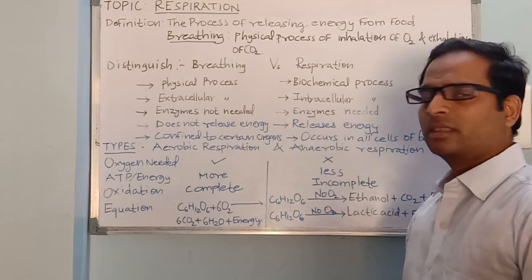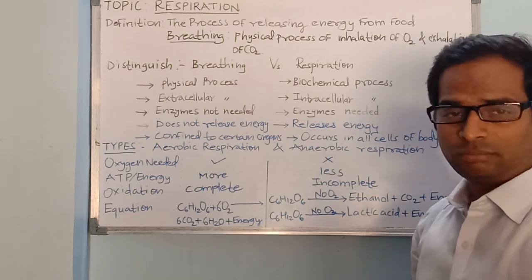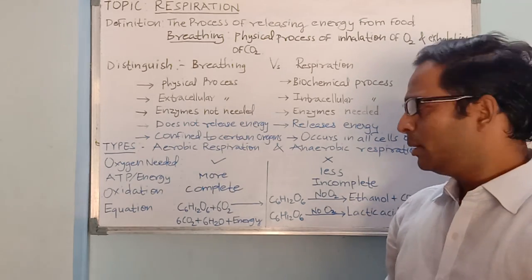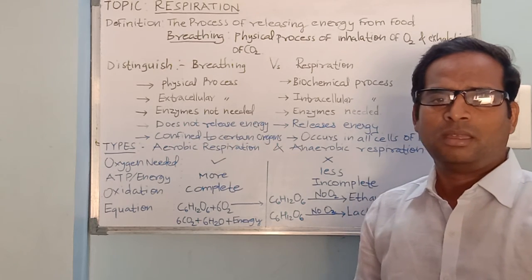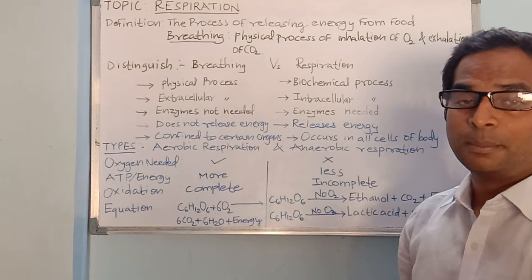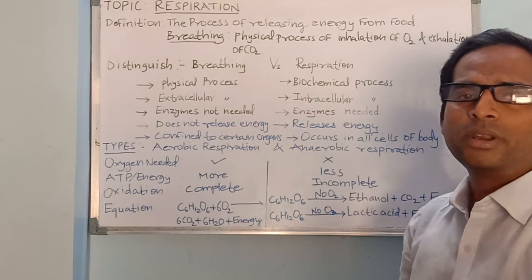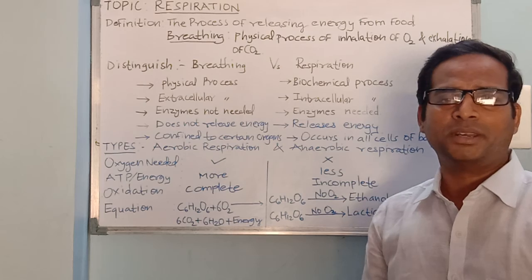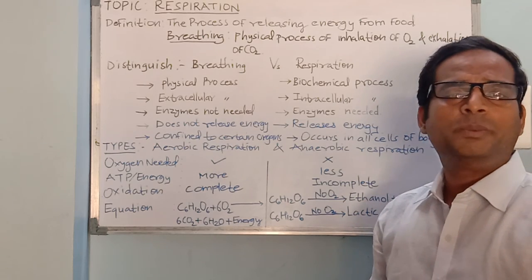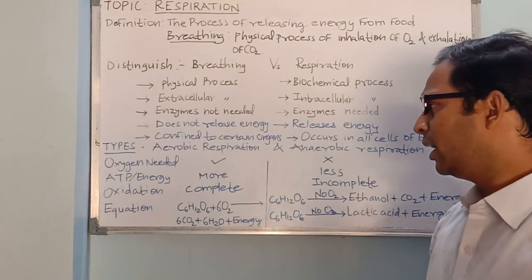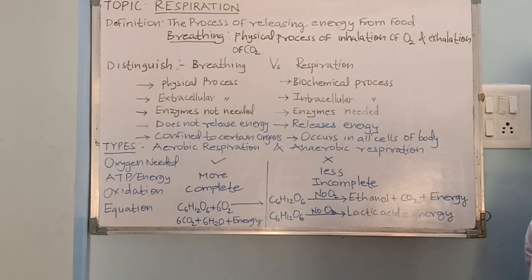This oxidation or breakdown of food may require oxygen, may not require oxygen. Therefore, depending upon the requirement of oxygen, there are two types of respiration: aerobic respiration and anaerobic respiration.